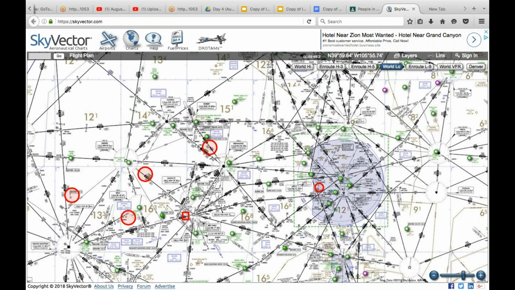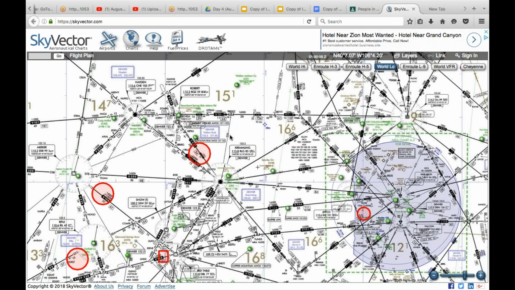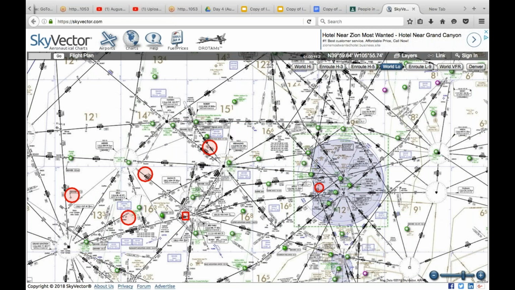In mountainous terrain, you have to clear all obstacles by 2,000 feet or greater. So if you lose your navigational equipment, or something goes wrong, you know that when you're in that area, you have to be at least 15,100 feet above the ground to clear all obstacles.